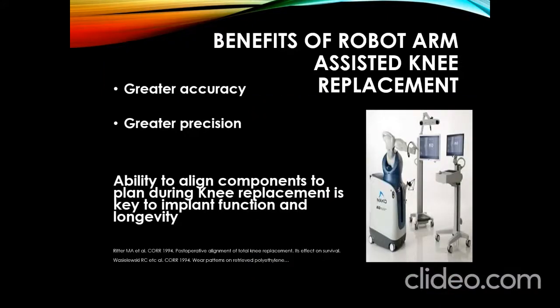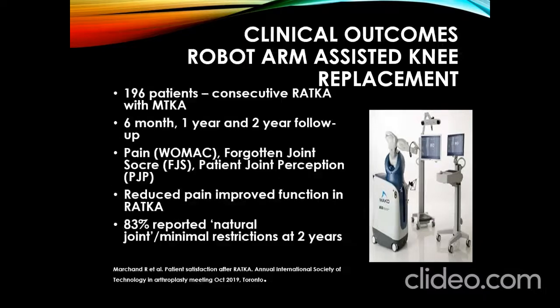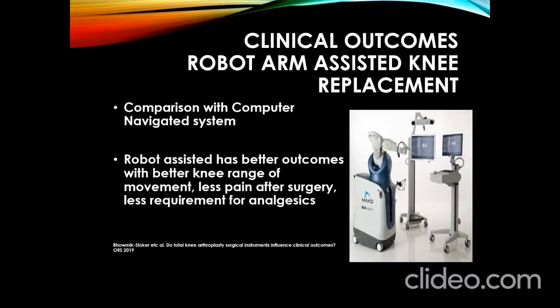Studies have shown that the procedure has resulted in better accuracy and precision when compared with the manual or conventional way of implanting knee replacements. Early studies have shown that the robot-assisted cohort of patients do better than those with manual conventional knee replacements, with this study showing 83% of patients reporting a natural or normal feeling knee at 2 years.